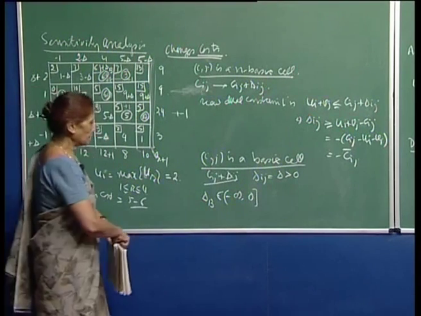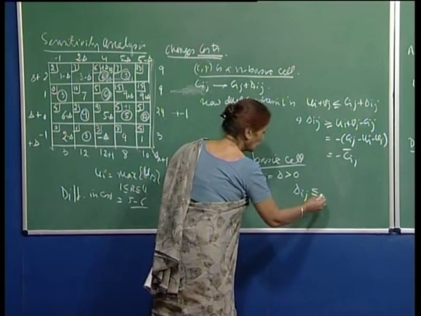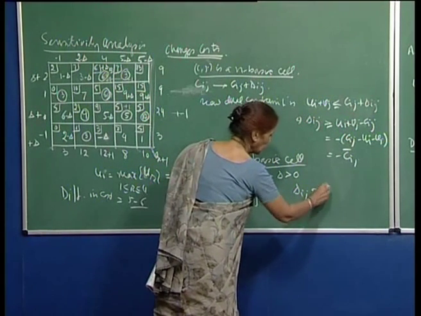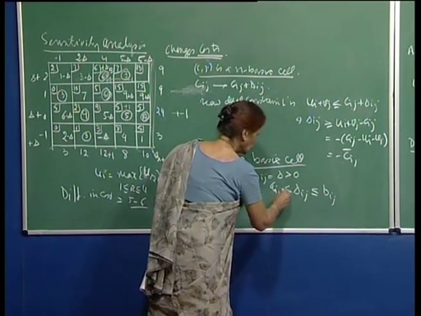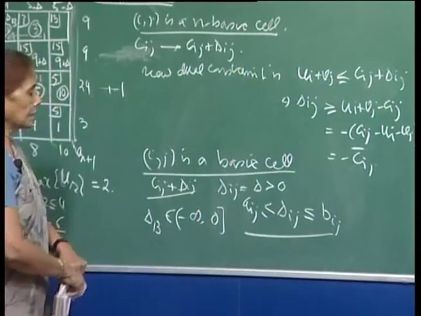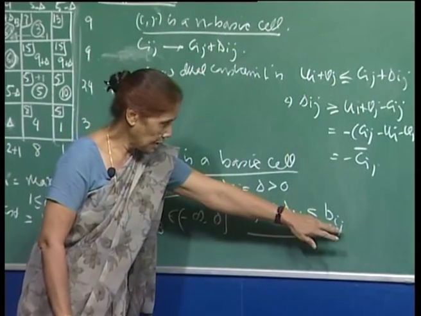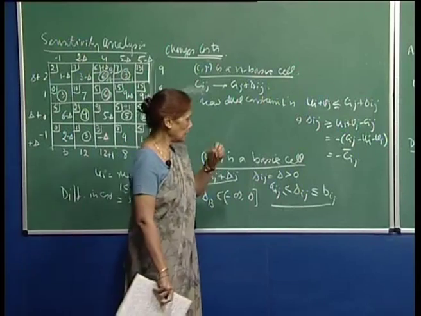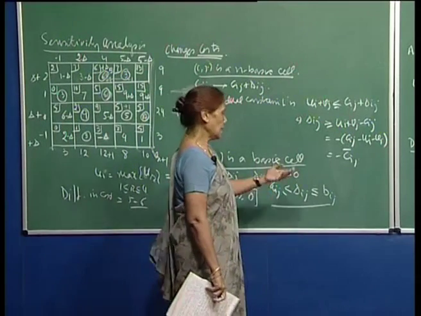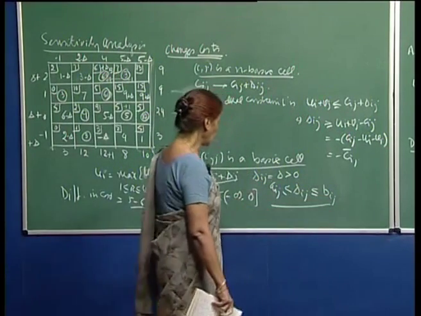Otherwise, when you get an interval, say for example, with some numbers aij and bij, for delta ij greater than bij or less than aij, the corresponding cell will be a candidate for entering the basis, and then you can continue with your simplex algorithm to get a new optimal solution.